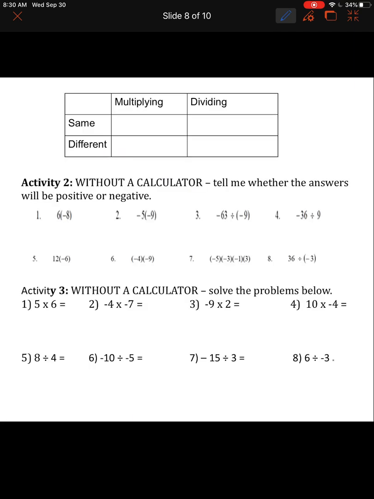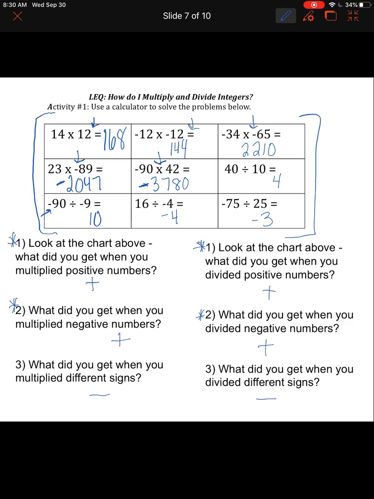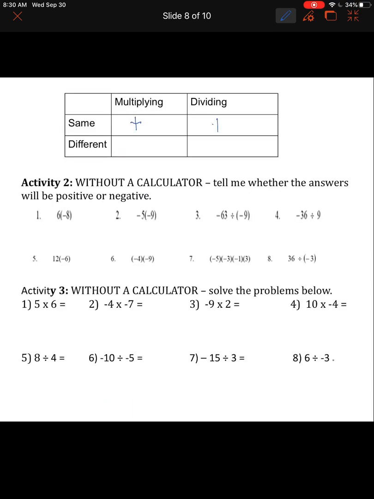Okay, so when we have two positives or two negatives, our answer is going to be positive. Okay. Same thing with dividing right here. When we divided two positive numbers, our answer was positive. When we divided two negatives, our answer was positive. So if we're multiplying or dividing the same sign, our answer is going to be positive.